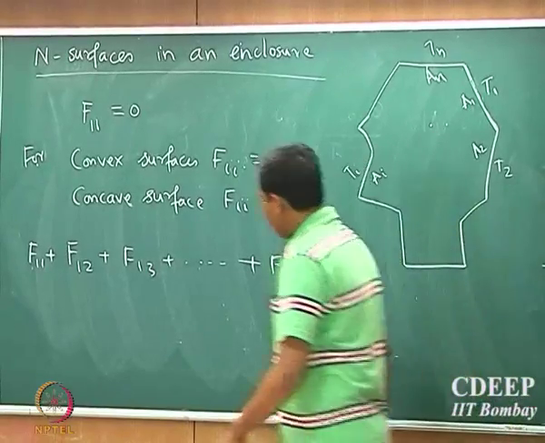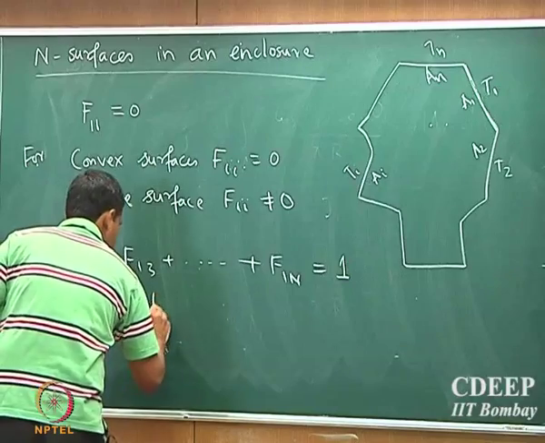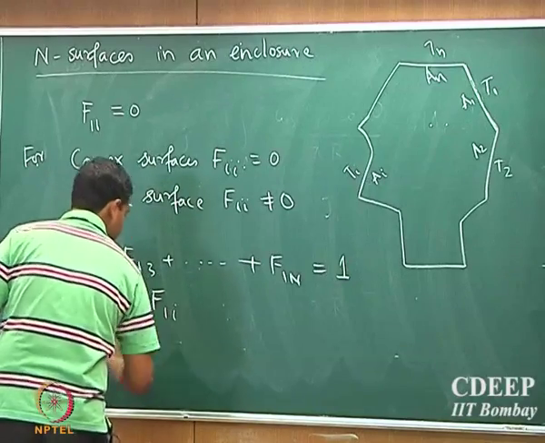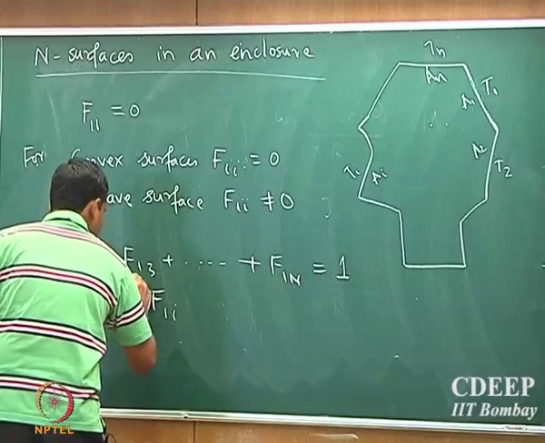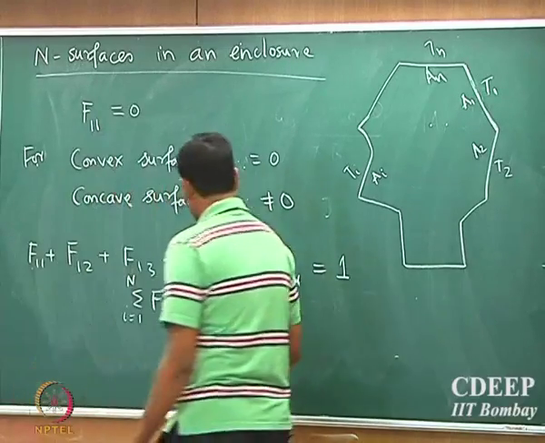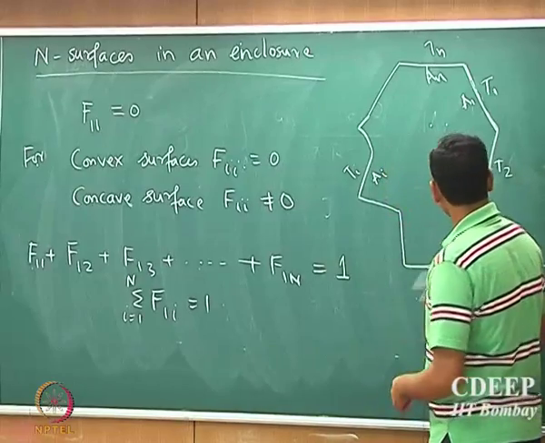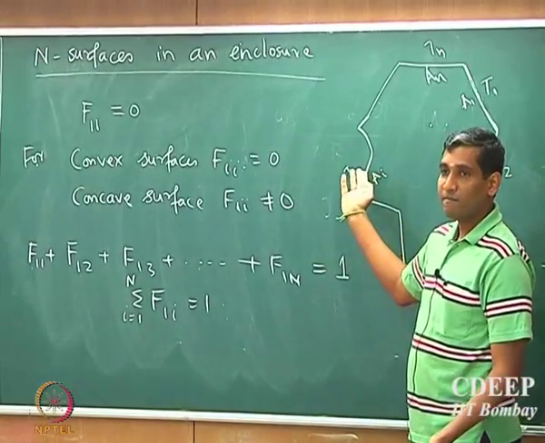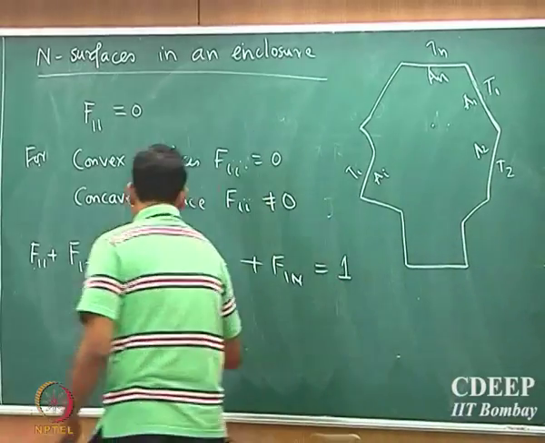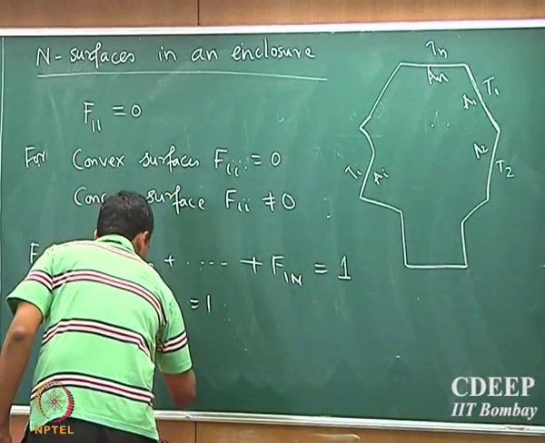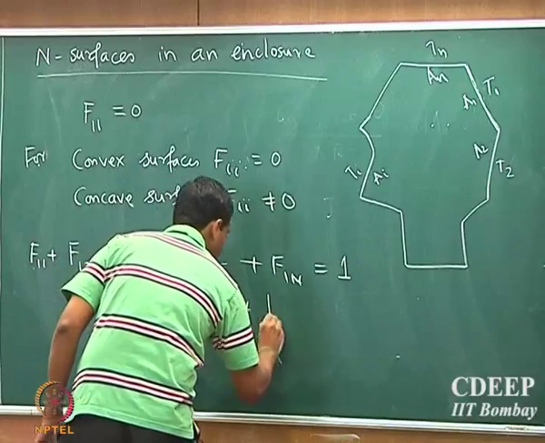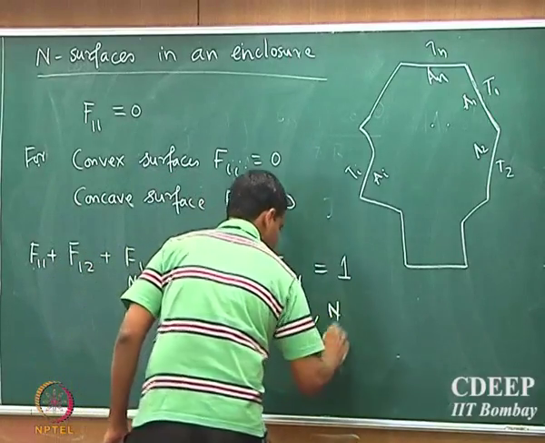Alright, so it's essentially F1i, i going from 1 to n, that's equal to 1. This rule is valid for all the surfaces, right? So in general, I can write this as Fki for all k going from 1 to n.